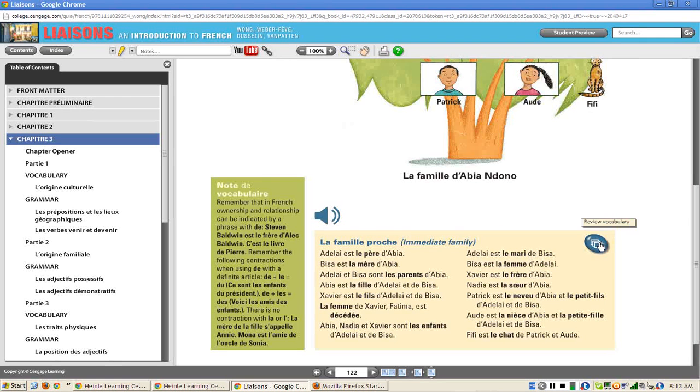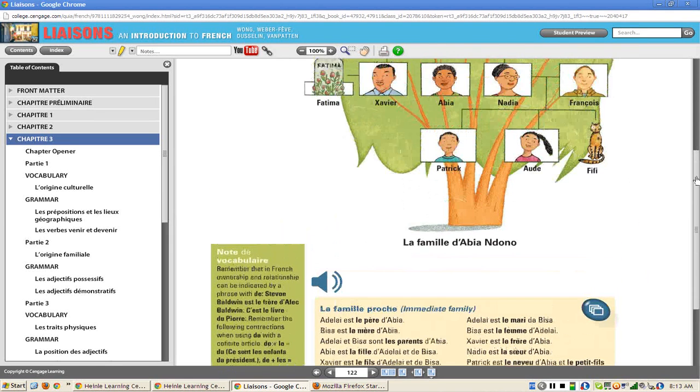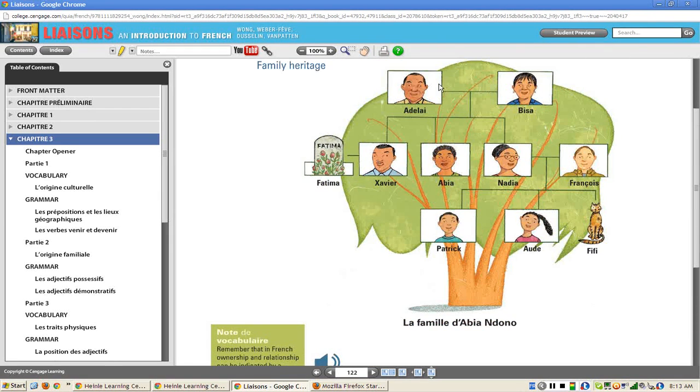Now you see in this vocabulary you have Adelaide, et le père d'Abia. Voilà. Adelaide, c'est le père d'Abia. C'est aussi le père de Nadia et de Xavier. Alors Nadia, son époux, s'appelle François. François, c'est le mari de Nadia et c'est le père de Patrick, Aude et bon, le chat Fifi. Alors, Adelaide, c'est le beau-père de François.